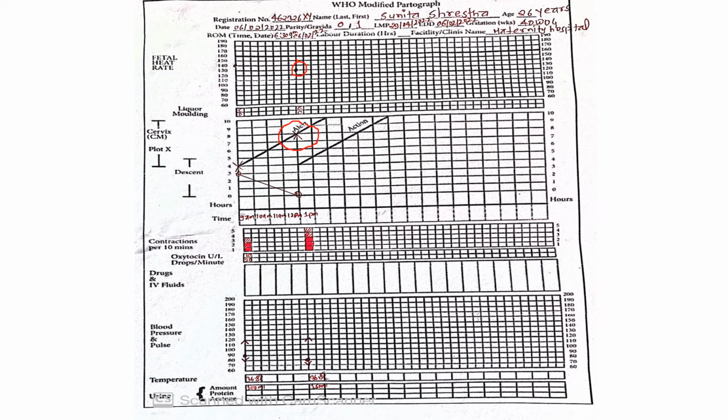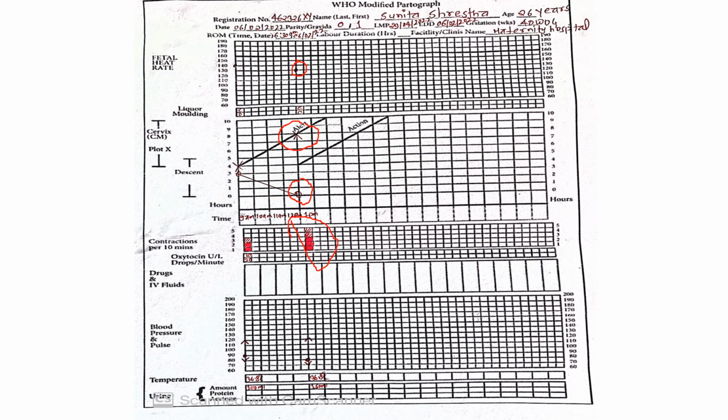Descent was 0/5, so it is recorded here, and the two descent points of the head are connected together. The woman had 5 contractions, 3 severe and 2 moderate, and she was on oxytocin 10 units per liter, so you have to write that here, and 40 drops per minute you have to write here.